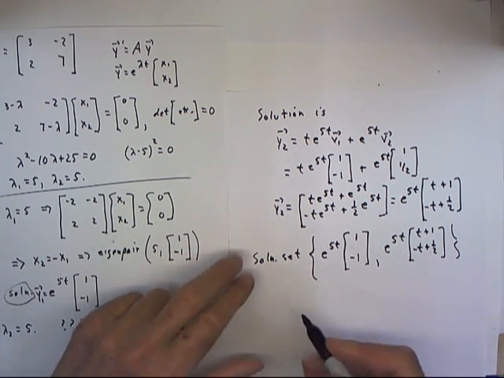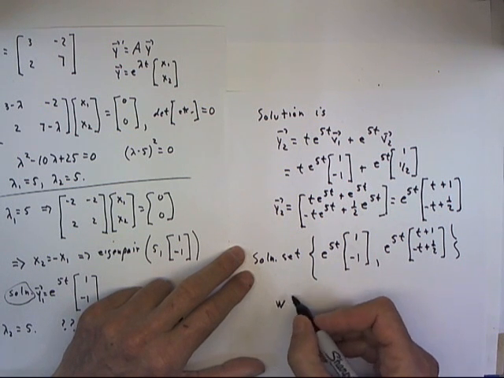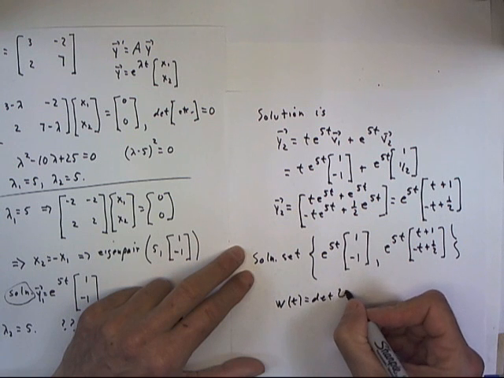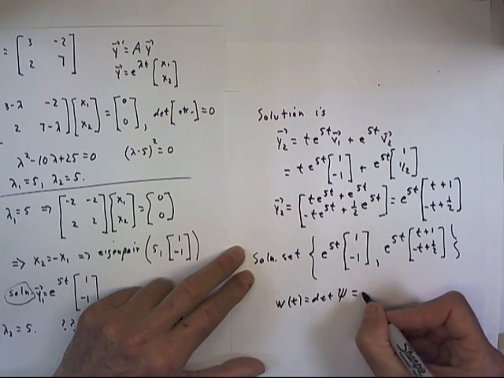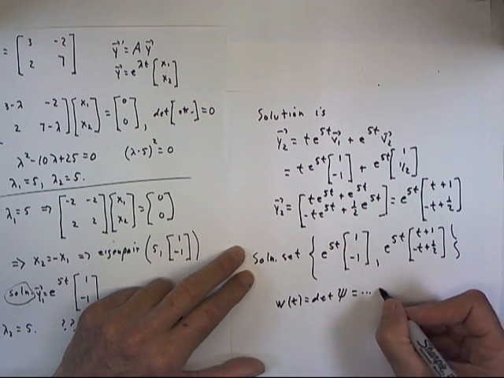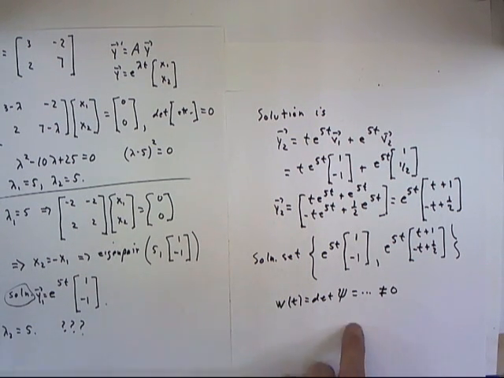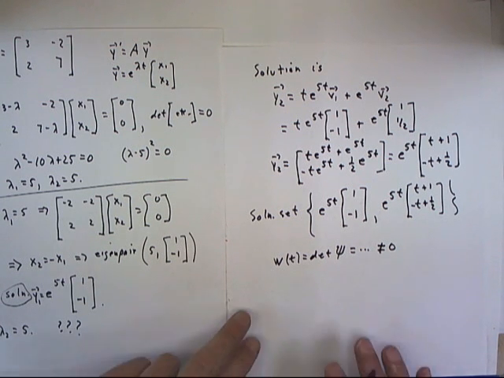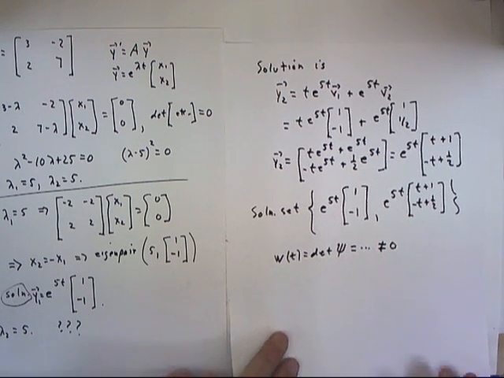We can check that the Wronskian, which is the determinant of our psi vector, equals something that's not equal to 0. Now you can check that on your own.